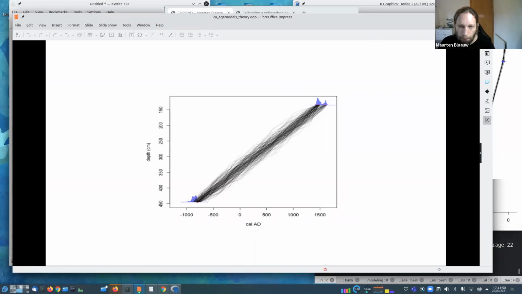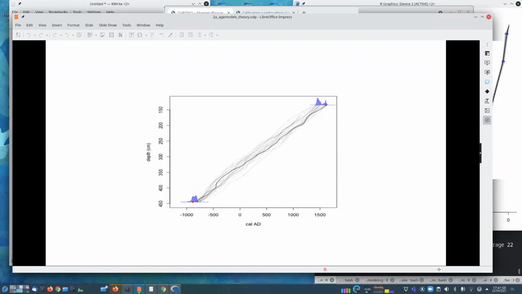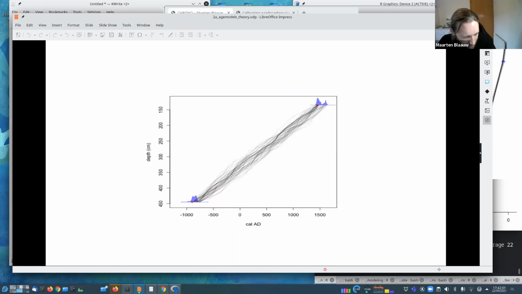And one of the fundamental questions of everything, how many samples do you need for age depth modeling, ideally? How much money do you have? It really depends on your question. If you want to know whether your event happened at the start of the Younger Dryas within 10 years, then you need to get a lot of dates and a very robust and precise age model to get 10 years precision.